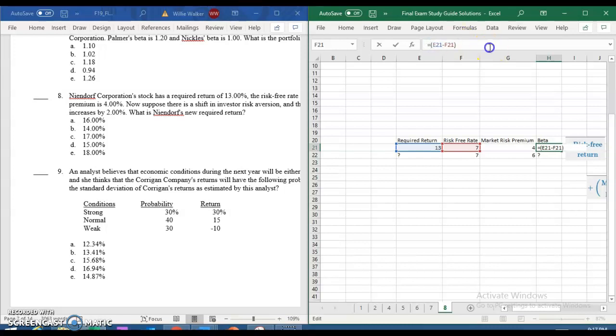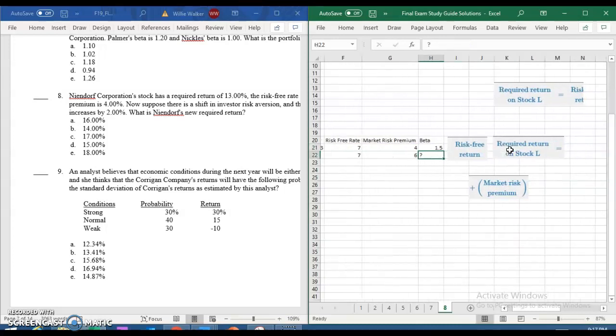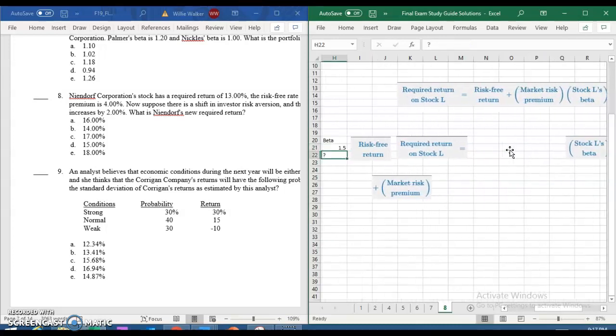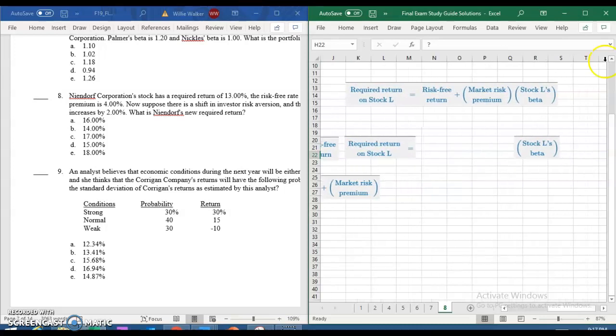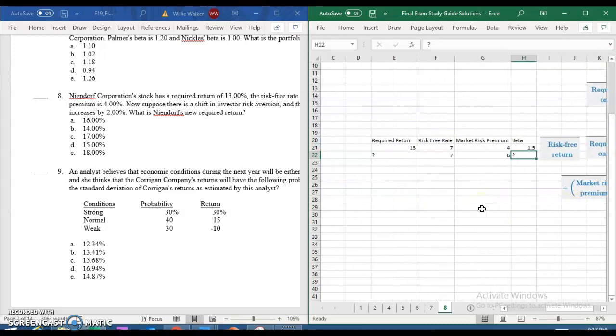And of course, when you're doing this by hand, you don't worry about parentheses. But anyway, then we're going to divide it by our market risk premium, because that's what we did in order to isolate our beta here. And we're given a beta of 1.5. So basically, we just rearranged our formula, y'all. That's all we did to calculate beta.